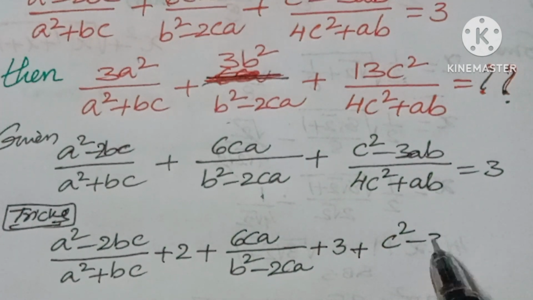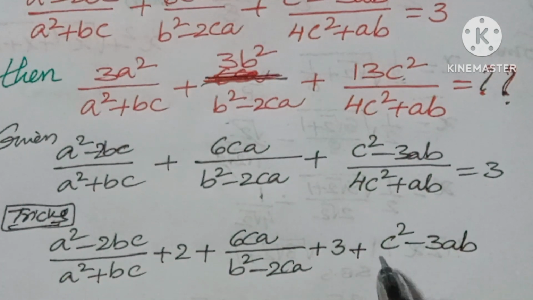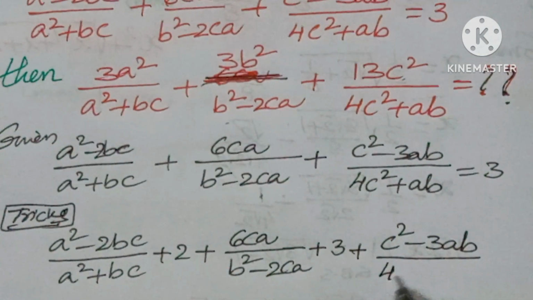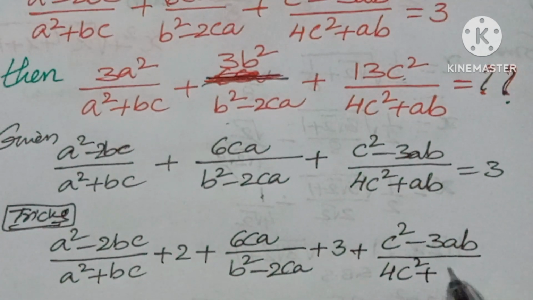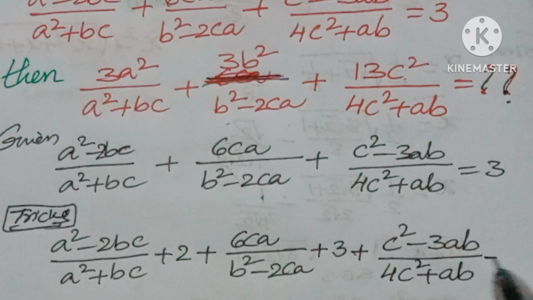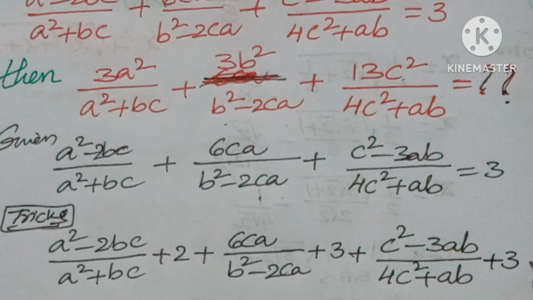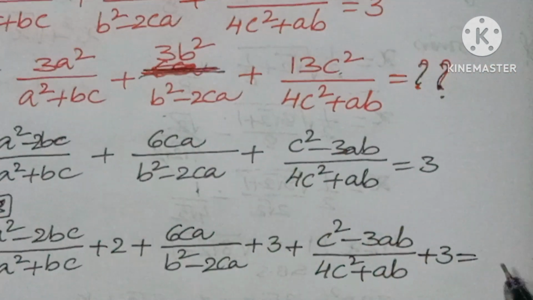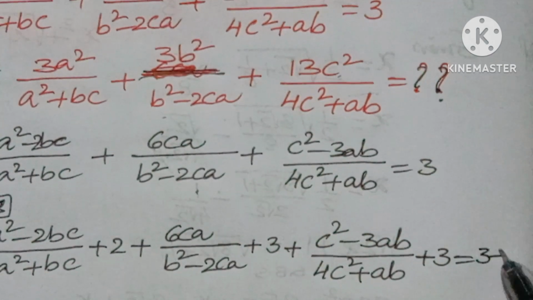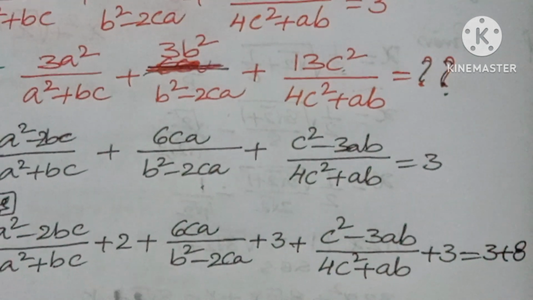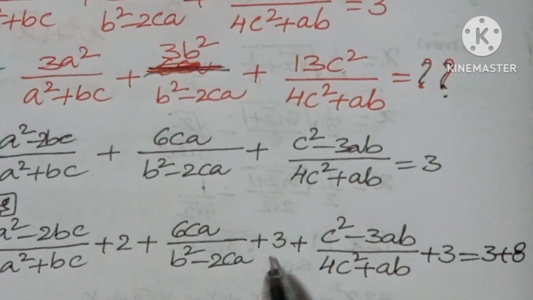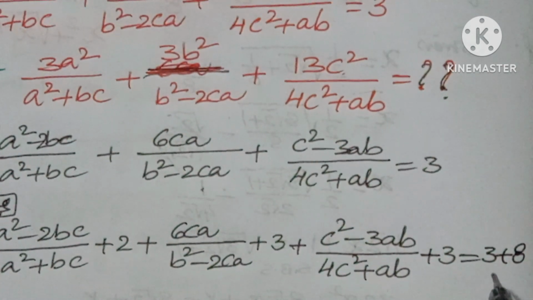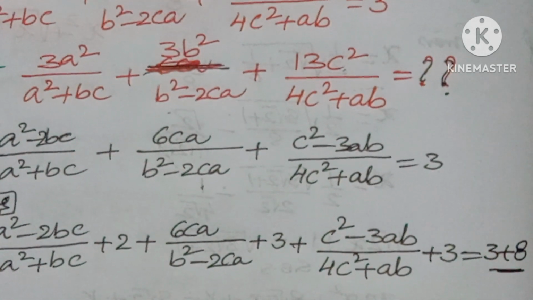(C square minus 3ab) by (4c square plus ab), here also you have to add 3. So 3 plus 8 is the right side: adding 3 plus 3 is 6, 6 plus 2 is 8. Adding 8 on both sides.